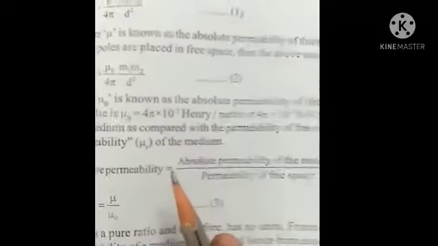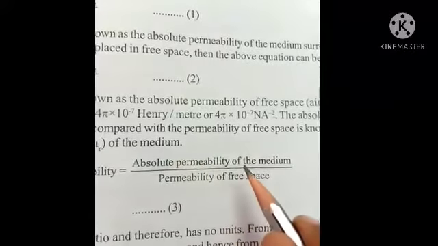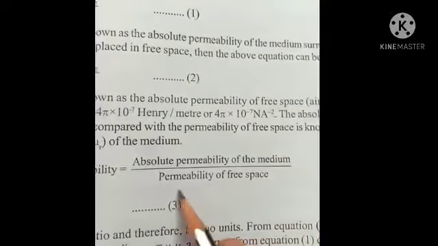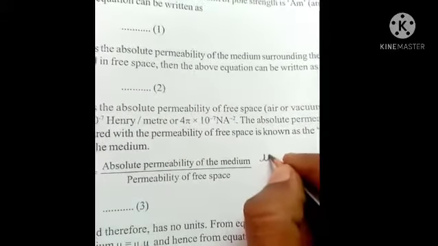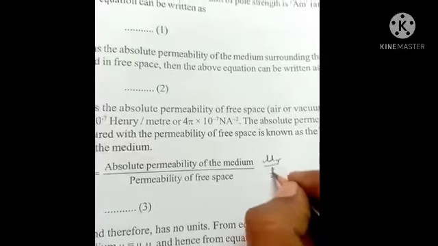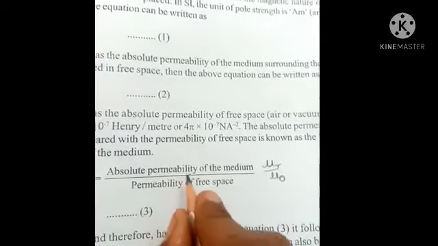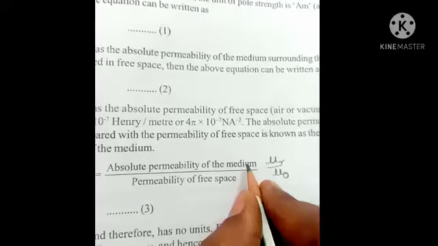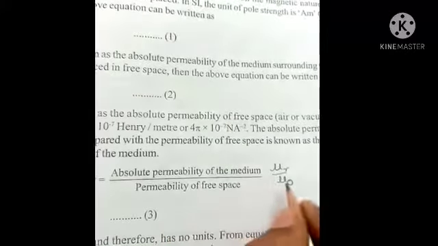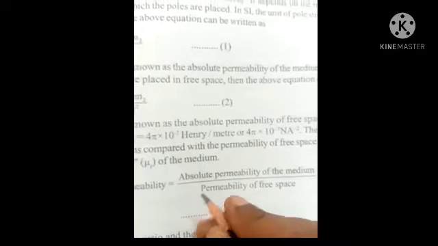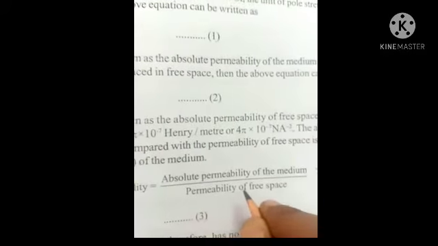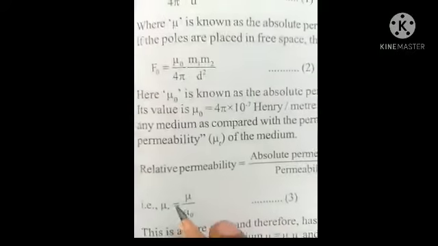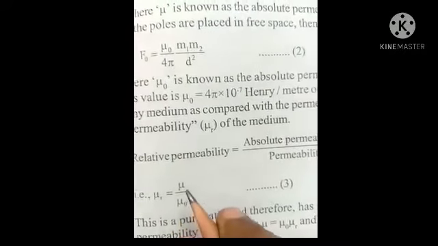Relative permeability equals the absolute permeability of the medium by the permeability of free space, that is mu r equals mu by mu naught. That is the third equation.